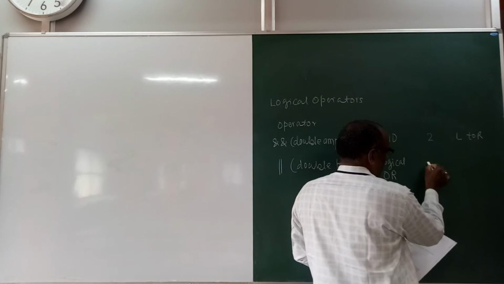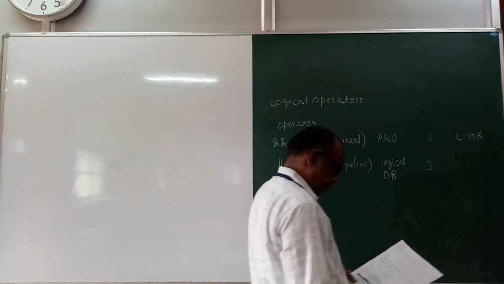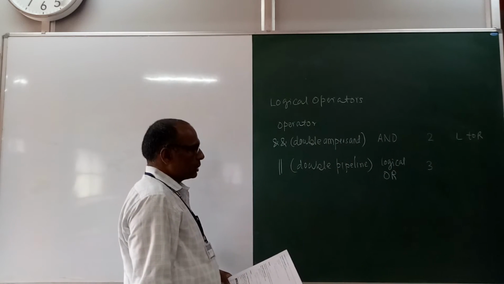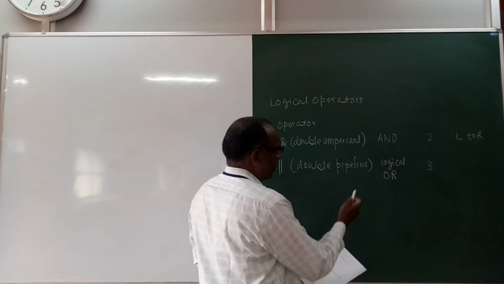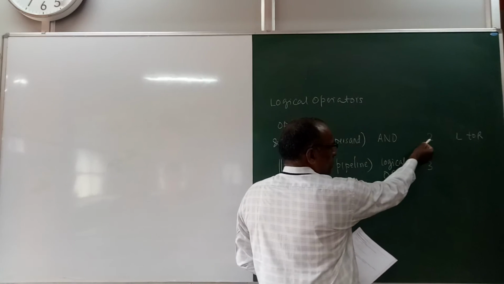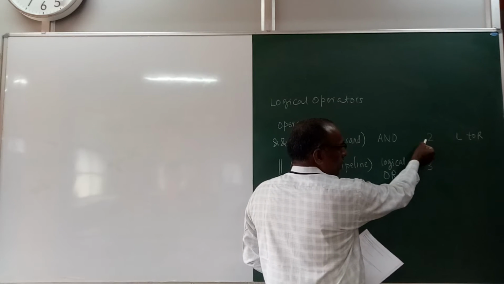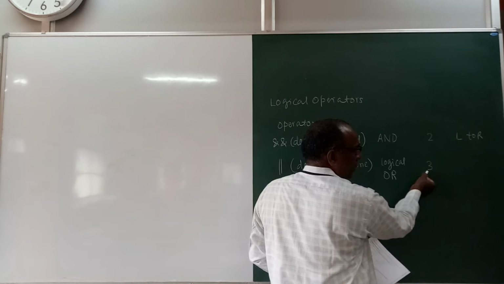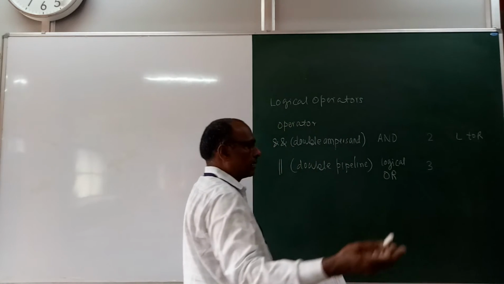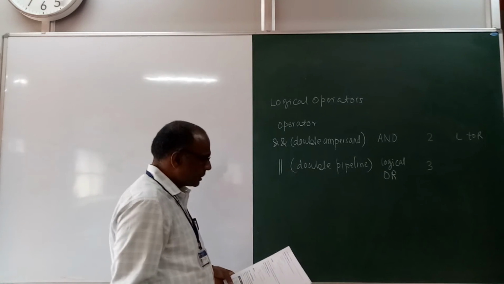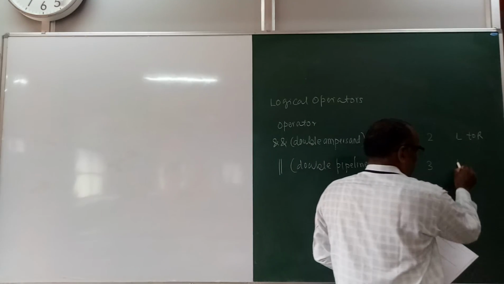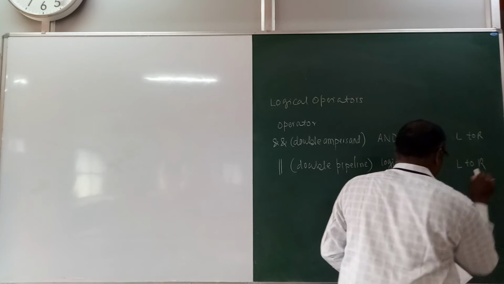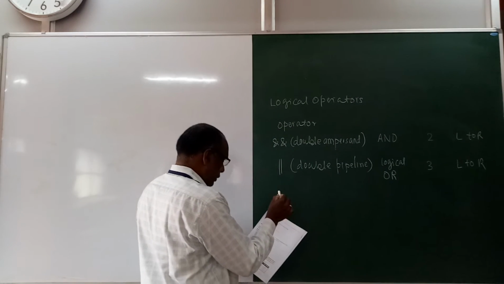Its priority is 3. That means if they come together, the lesser the number, the more is the priority. The larger the number, the later it will be operated. This is again evaluated from left to right.